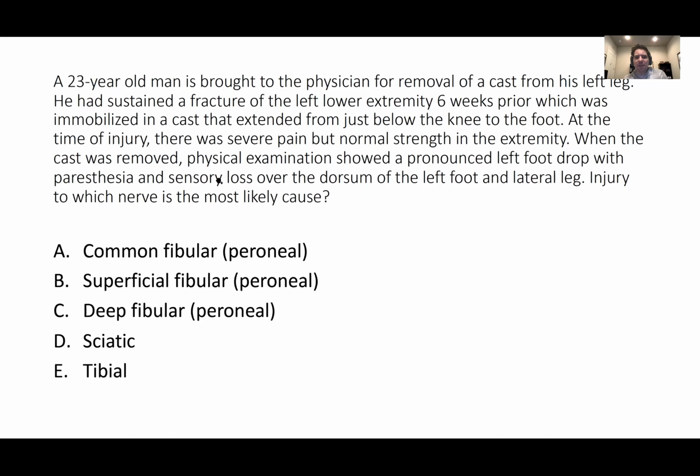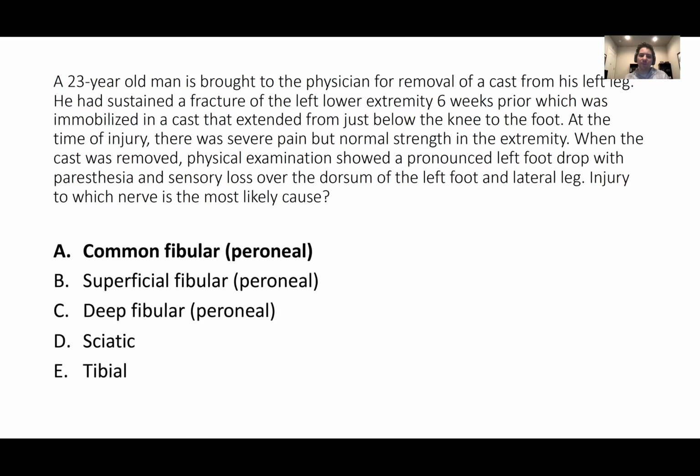But if you keep looking, you get sensory loss over the dorsum of the foot and the lateral leg. Sensory innervation of the lateral leg and dorsum of the foot comes from the superficial fibular nerve, right? So if we have both of them affected, they come from the same nerve, right around the lateral aspect of the fibula, which is a common place that's injured, right around the knee at the top of the fibula.